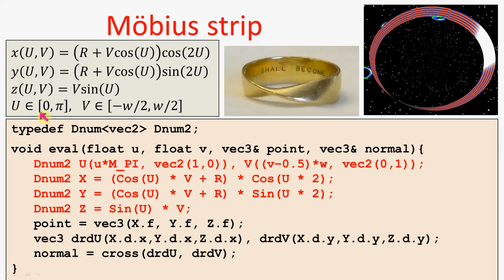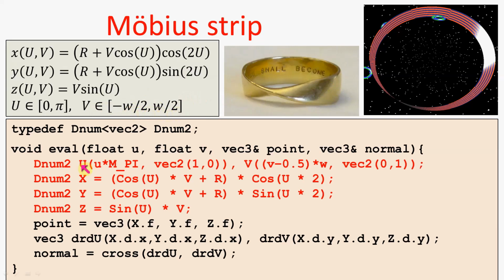The domain of U is 0 up to pi because we want to apply a 180-degree rotation when the end of the strip is attached to the beginning, and V is responsible for the width of the Möbius strip, so it goes from the negative half width up to the positive half width.